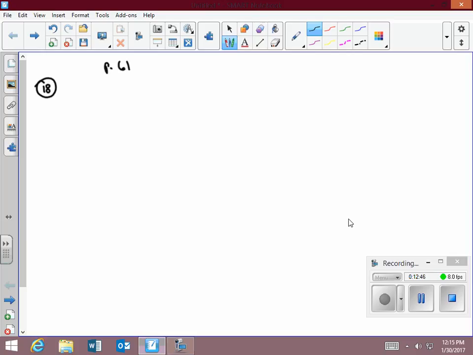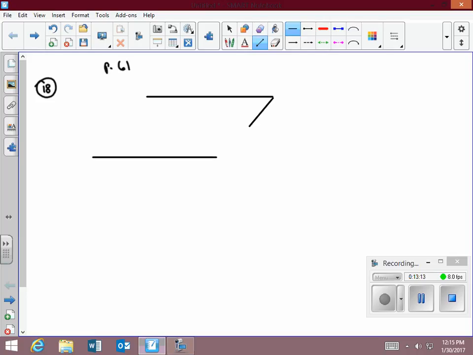And it says, does the rhombus shown have reflection symmetry? No, this is the one that has to have an axis of symmetry to it. I didn't get the sides equal.